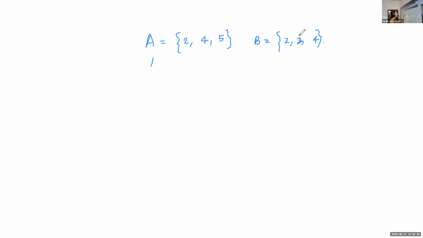Okay, so can you give the elements in A cross B? Write down all the elements in A cross B. Sri Hari, can you give all the elements here?